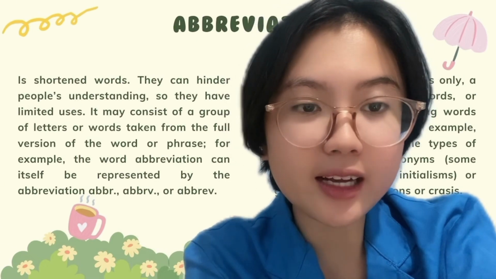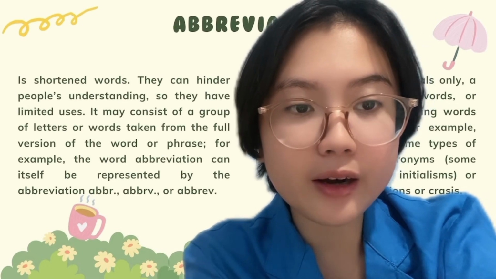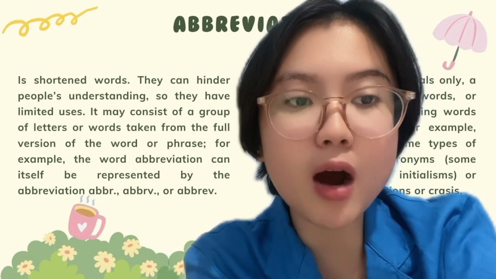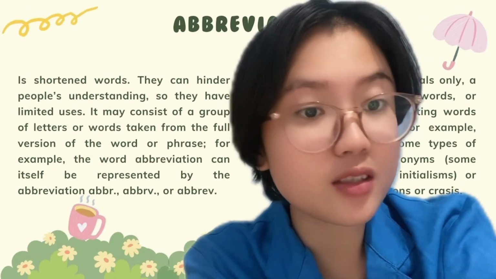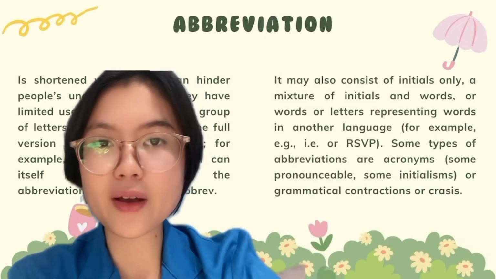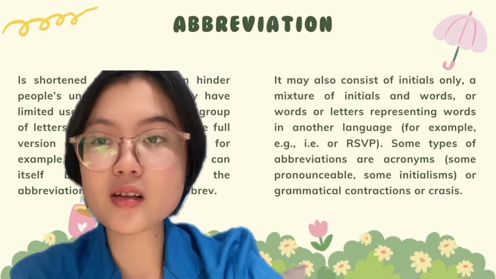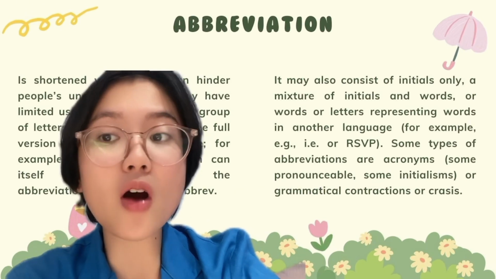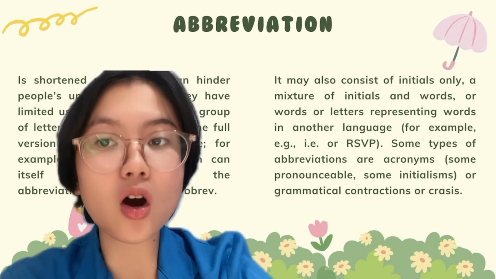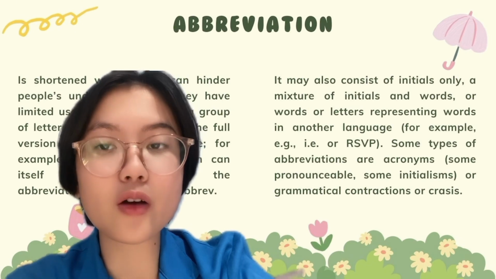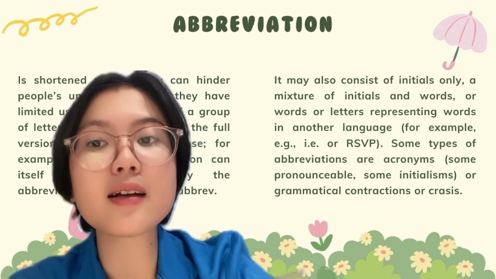NOP for nil or nothing, per os, by mouth, in abbreviations of medical instruction. It may also consist of initials only, a mixture of initials and words, or words or letters representing words in another language.